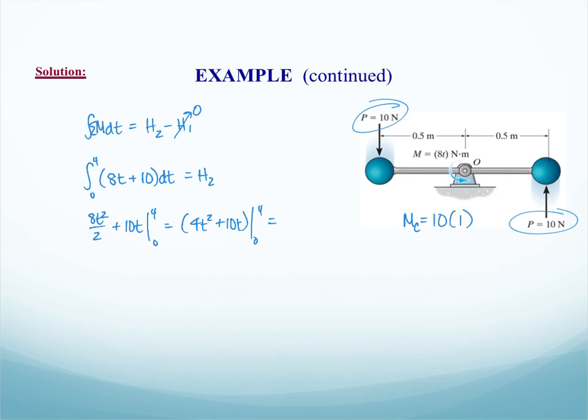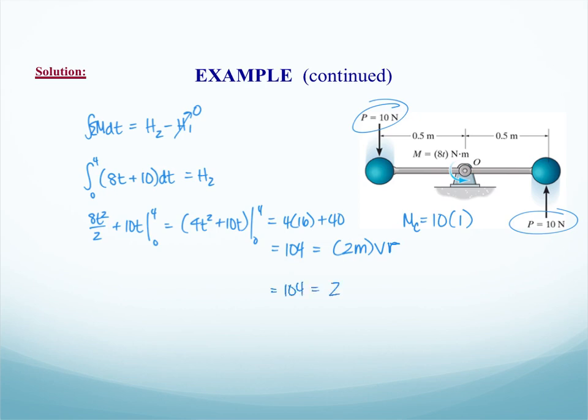This ends up being 4 times 16 plus 40, which equals 104, and that's equal to the final angular momentum, which would be two masses times their velocity times their radius.